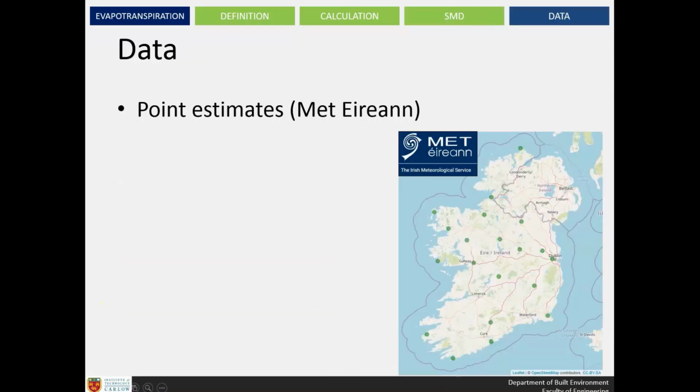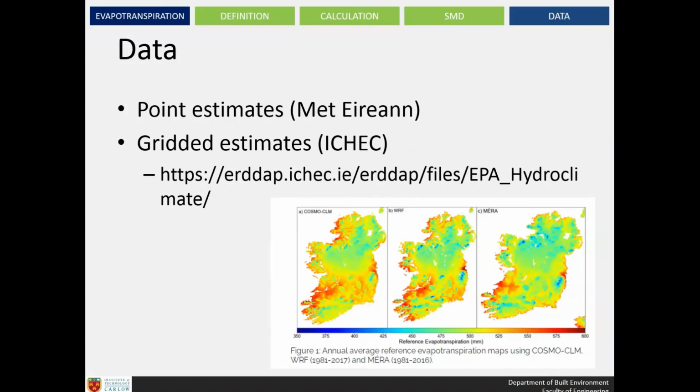In terms of where you get data for evapotranspiration, you can get point estimates. These are based on the Met Éireann synoptic stations, which use Penman-Monteith based on meteorological data to calculate time series of reference evapotranspiration. You can also get gridded estimates. There was a GSI and EPA funded project where they used climate models, say COSMO and WRF, and they took the ERA data.